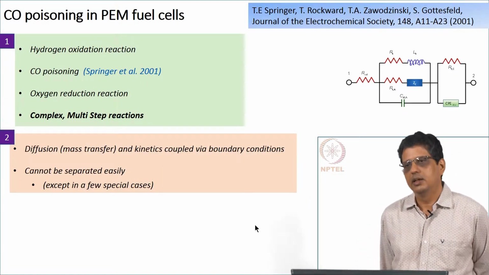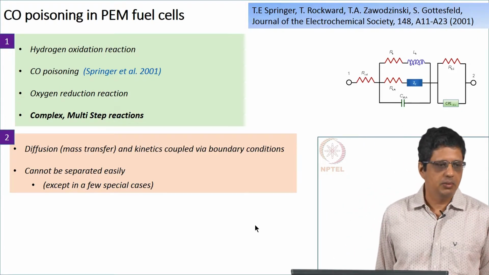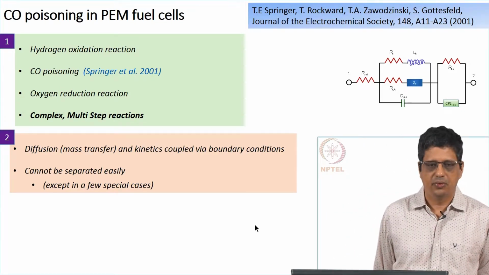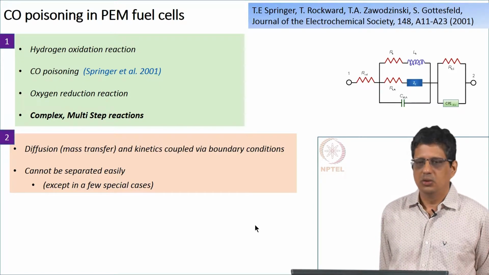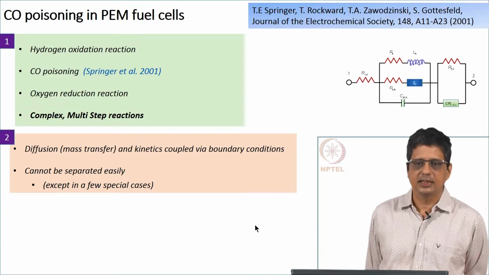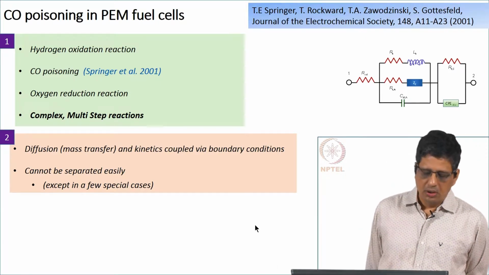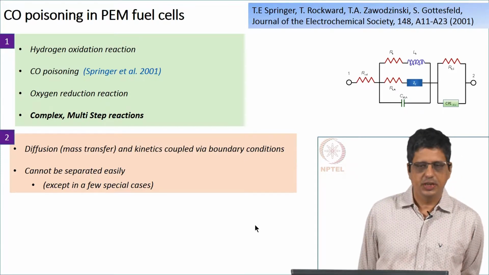Not just that, when you want to include mass transfer effects, and if you know that mass transfer effects are important, you cannot normally add a Warburg impedance to the Faradaic impedance that is obtained assuming mass transfer is rapid, because diffusion and kinetics are coupled via boundary conditions.